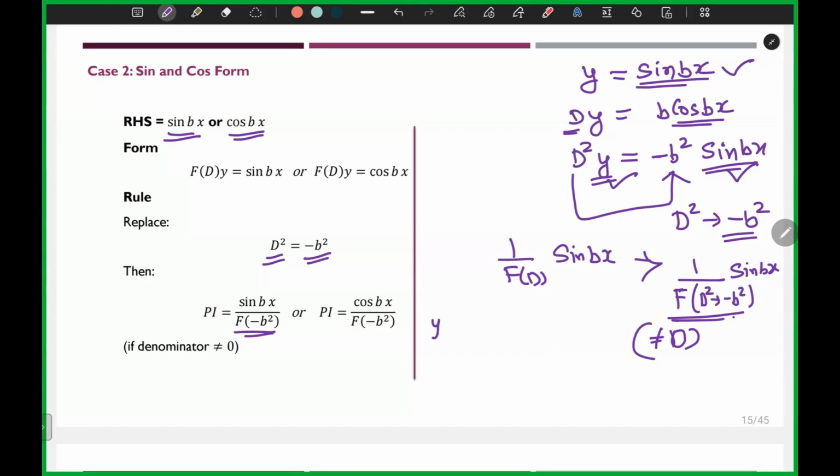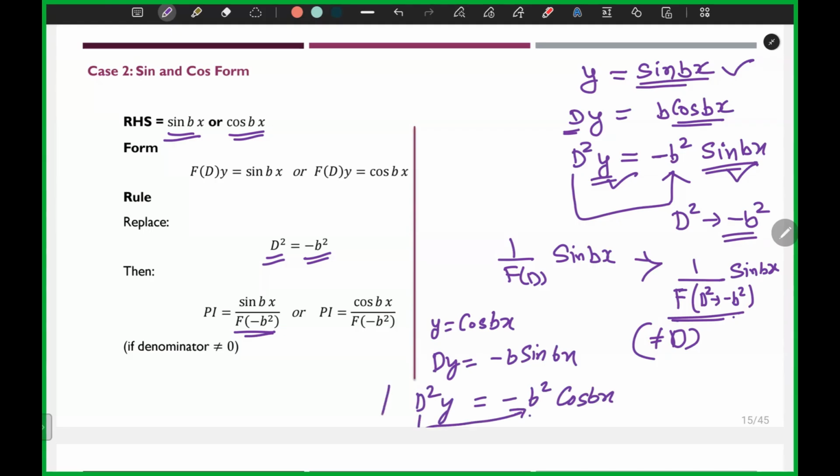Dy is minus b sin bx, and then again it is minus b squared cos bx, that is D squared y. So again we replace D squared by minus b squared, and we are left with only the denominator part, a linear polynomial of 1 degree.